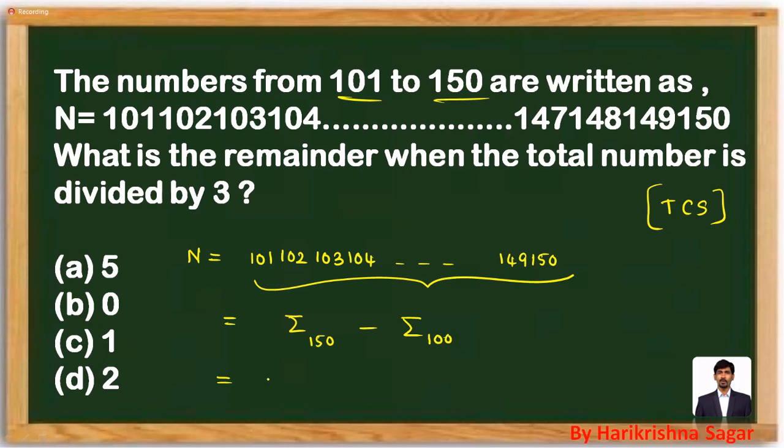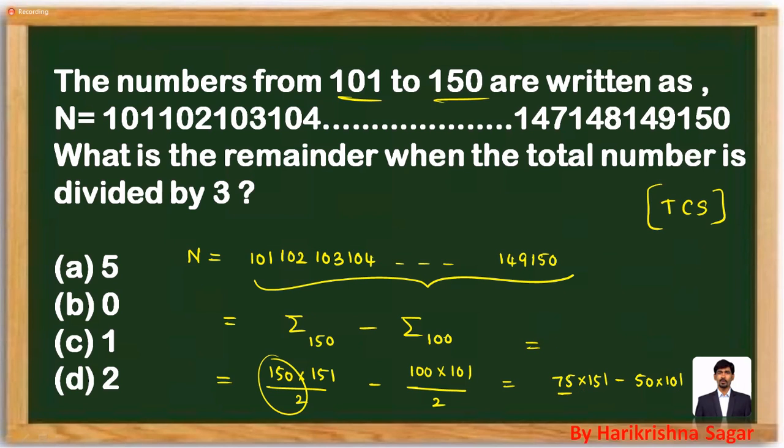Sigma 150 is 150 into 151 divided by 2, and sigma 100 is 100 into 101 divided by 2. So this is nothing but 75 times 151 minus 50 times 101.